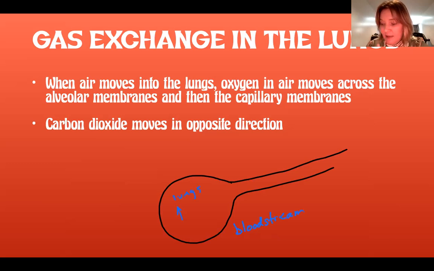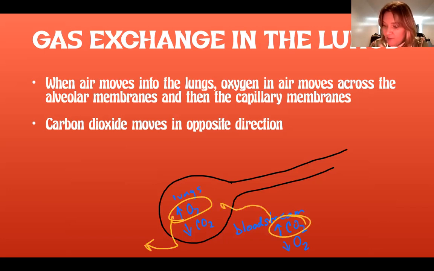So inside the lungs, I have a high concentration of oxygen and a low concentration of CO2. In the bloodstream, wow, that's bright in my eyes. In the bloodstream, we have a high concentration of carbon dioxide and a low concentration of oxygen. That means that oxygen is going to move from high to low. So it moves out. And carbon dioxide is also going to move from high to low.